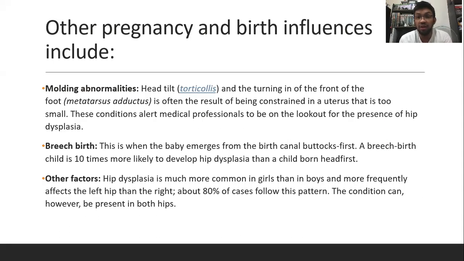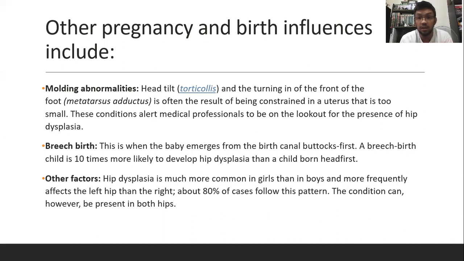Other pregnancy and birth influences include molding abnormalities, head tilt, or torticollis. This is also the turning in of the front of the foot, metatarsus adductus, which is often the result of being constrained in a uterus that is too small. So let's say, for example, the mother is just a teenager, and the uterus is too small for growth to occur.